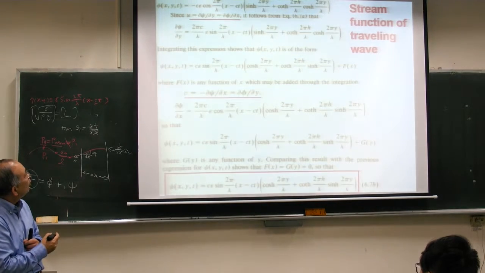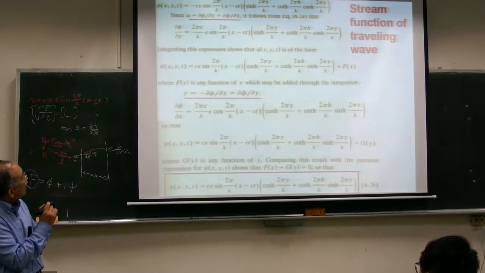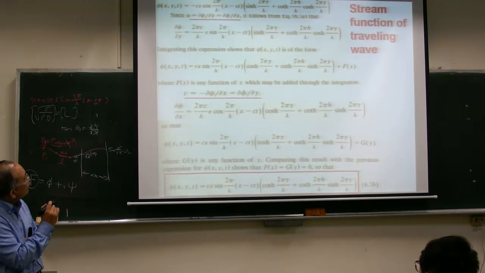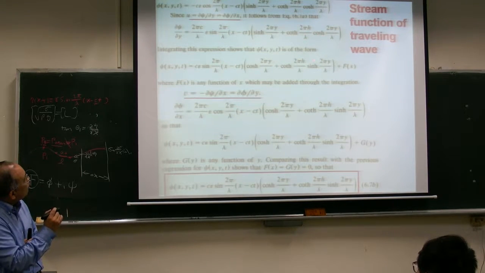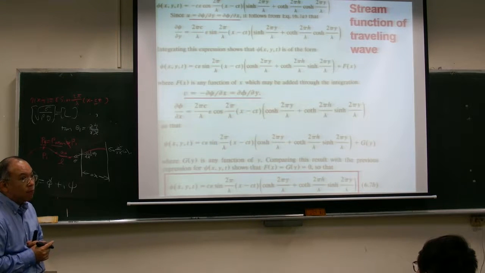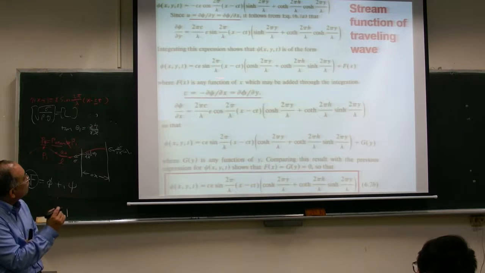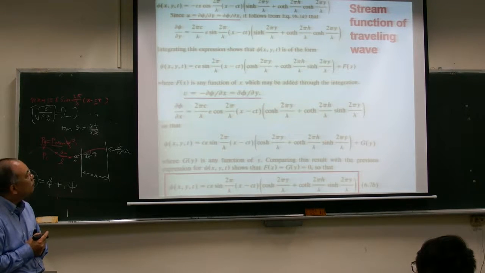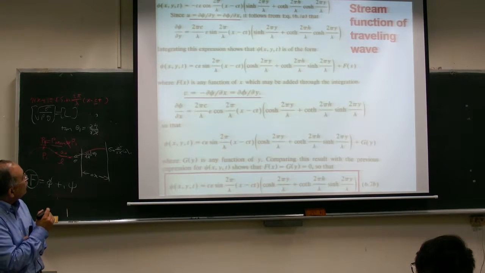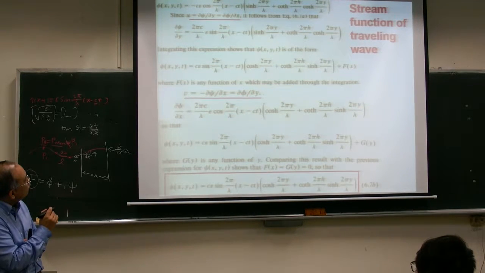You can check, because hypersine becomes hypercosine in the y function here, and hypercosine becomes hypersine. You can check by yourself. Just integrate, and I got an integration constant, f of x, here. Again, I can use V equal to minus partial psi partial x, equal to partial phi partial y.